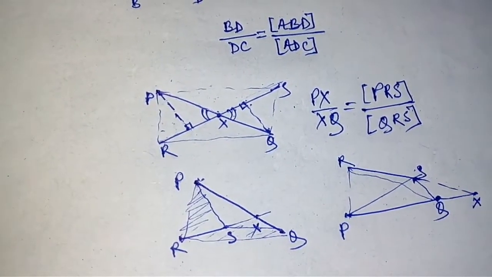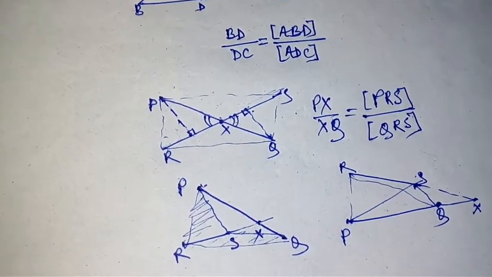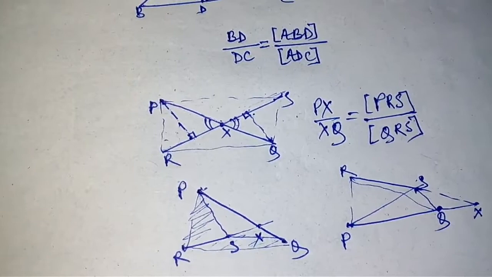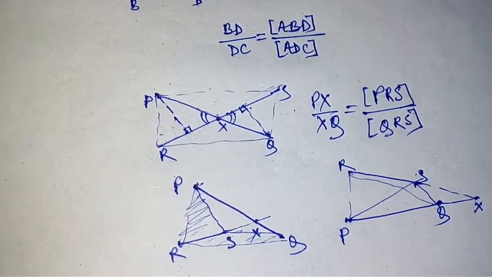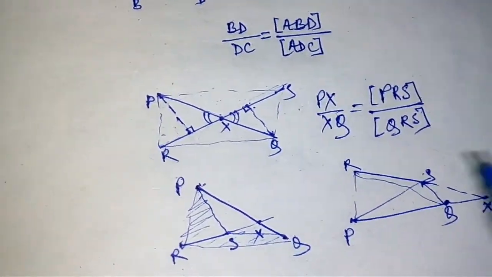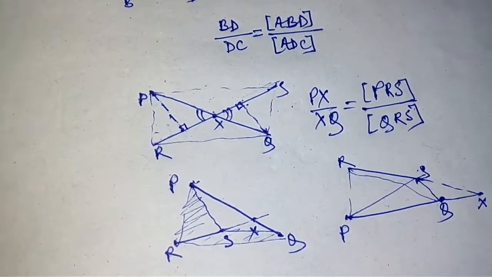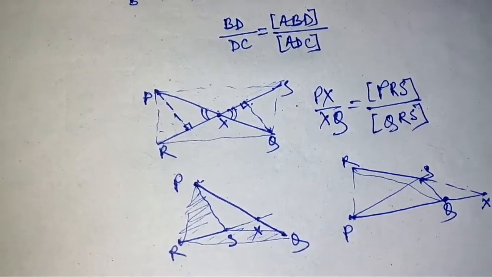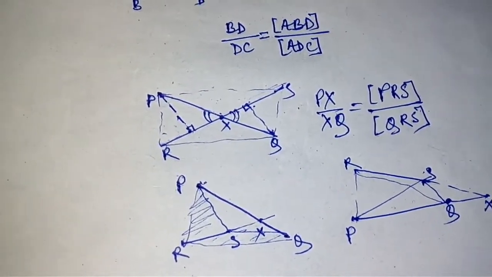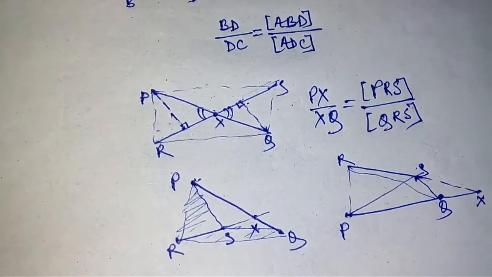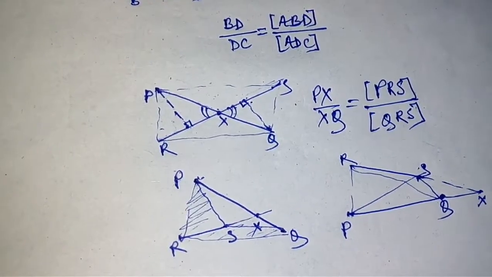The key to understanding this intersection theorem is that we have to ask what defines the point, and more specifically which line defines the point. If I want to find PX by XQ, I must ask the question, what defines the point X on PQ? The answer is line RS, because if RS was not meeting PQ, then point X would not have been formed.